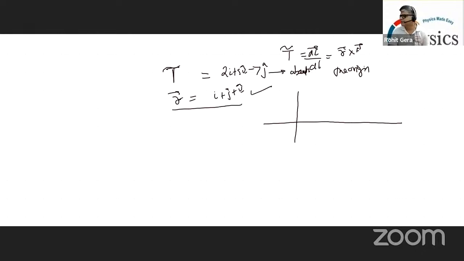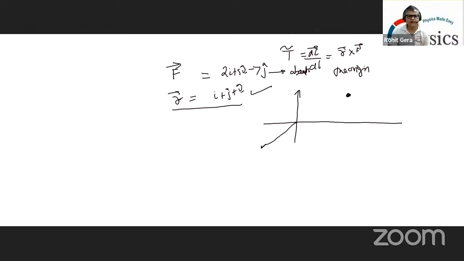The force acting on the body is this about the origin, and this is the position vector of the body in 3 dimensions.